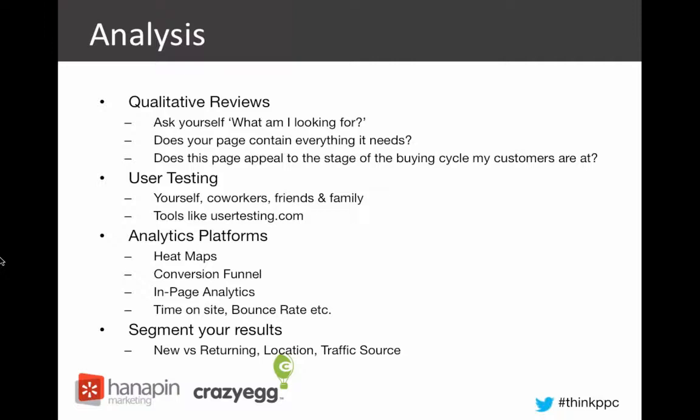Then we'll jump to the analytics side of it, so things like heat maps, which is what Crazy Egg provides, and that's a really cool tool. And then looking at things like your Google Analytics, your conversion funnels, and where you're having problems. And then finally, we try and be a bit more clever about it and work out if there's any difference between people coming from different locations or traffic sources, or new versus returning, etc.